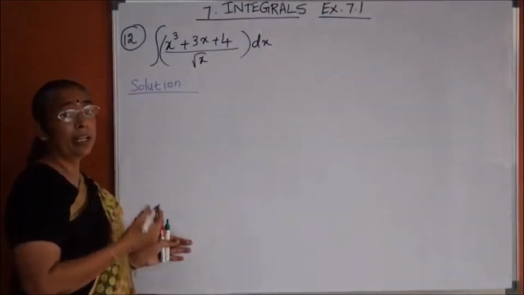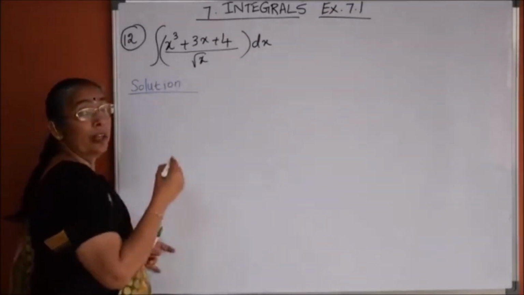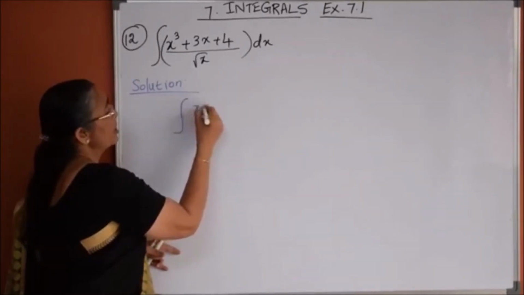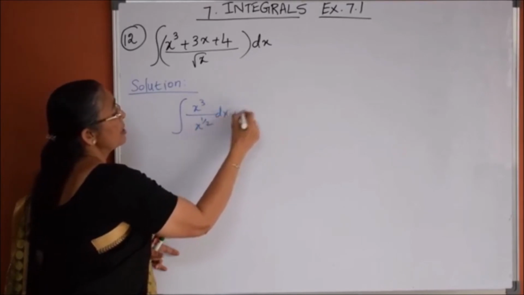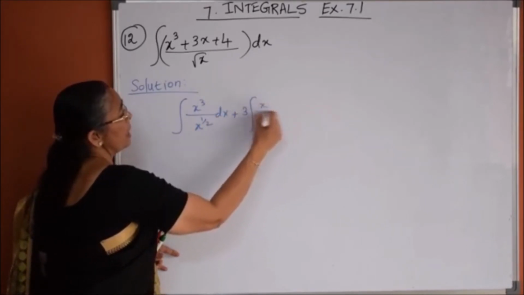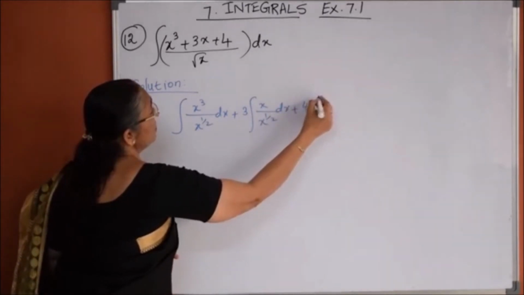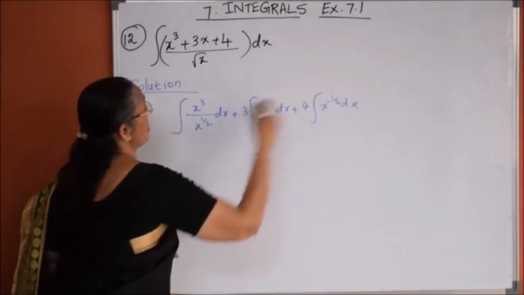Now, let us integrate the given function. So we will split and write the function first, which is integration of x cube by x to the power of half dx plus 3 times of x by x power half dx plus 4 times of integration of x to the power of minus half dx.